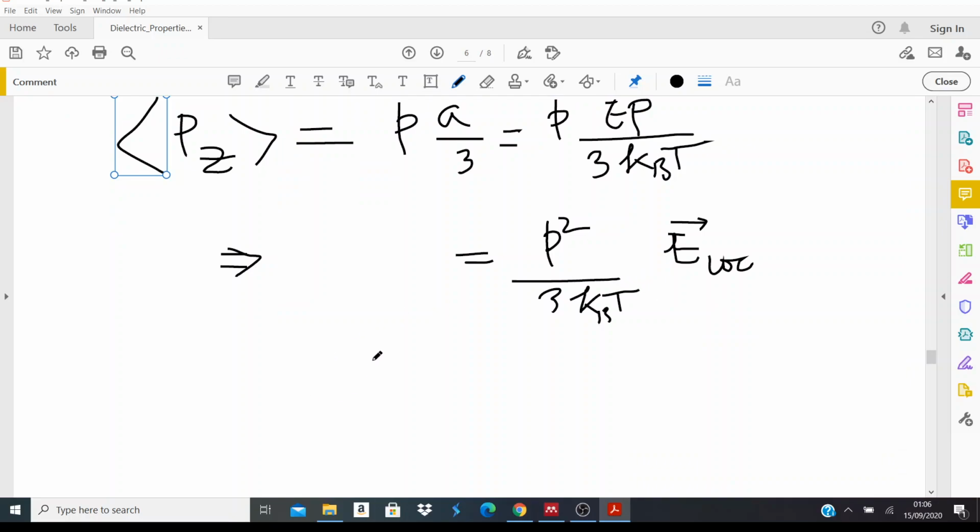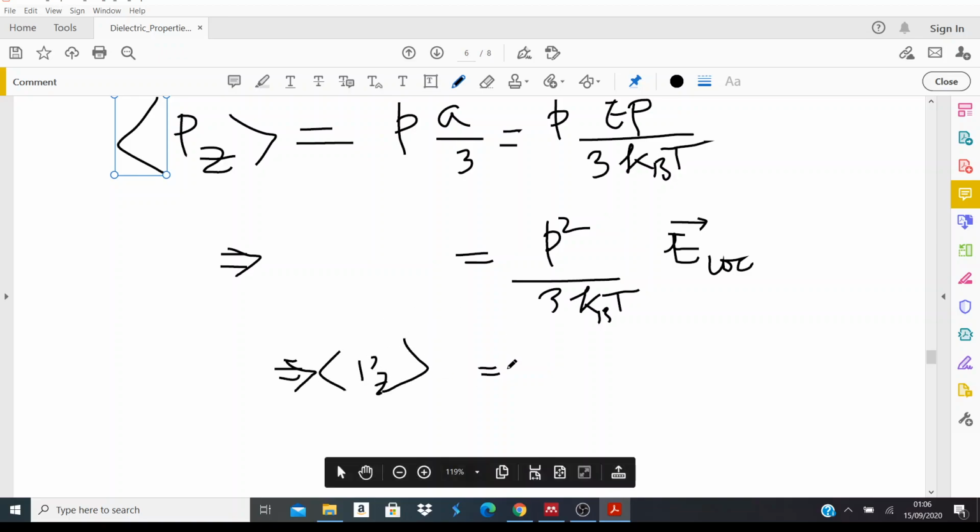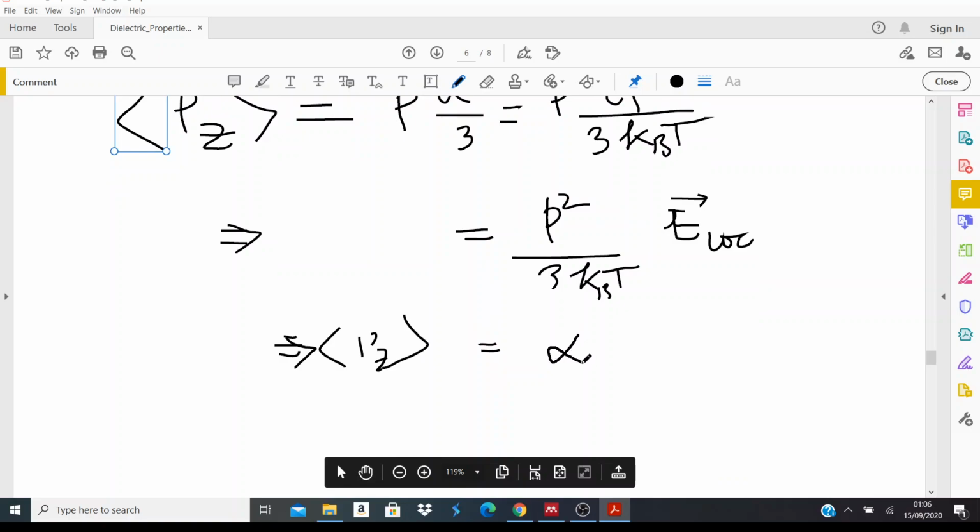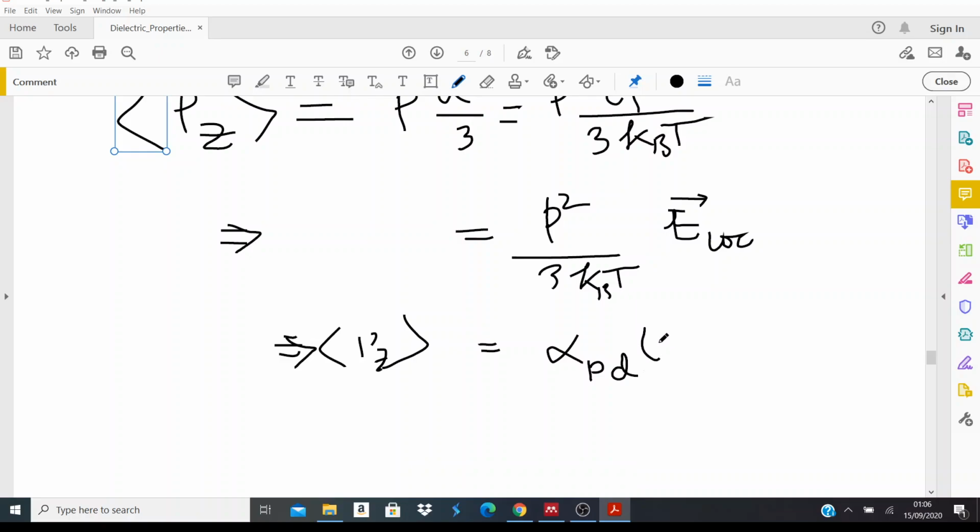And from this expression, you can see that our average Pz, which is the expectation value, is of the form alpha Pd times E loc, right?